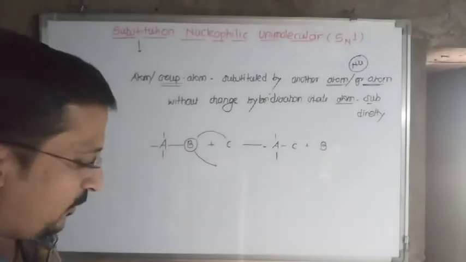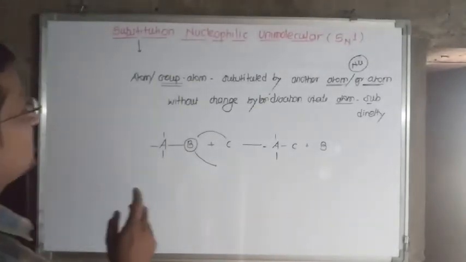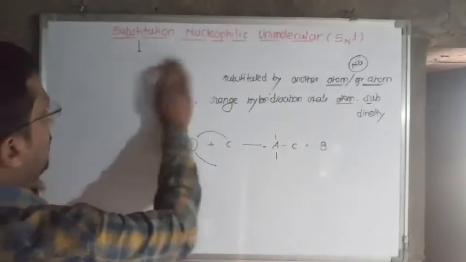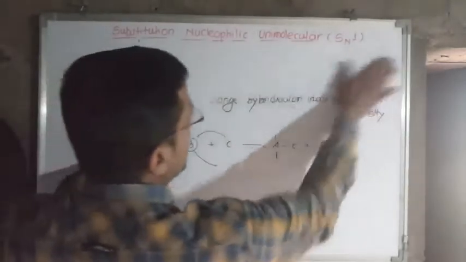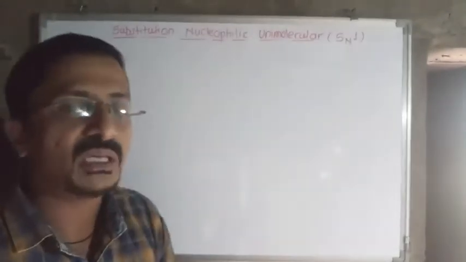So if you consider the SN1, that is the substitution nucleophilic unimolecular, then in this case first you have to memorize one very important reaction. Whenever they ask a question on SN1, one reaction has to click in your mind.